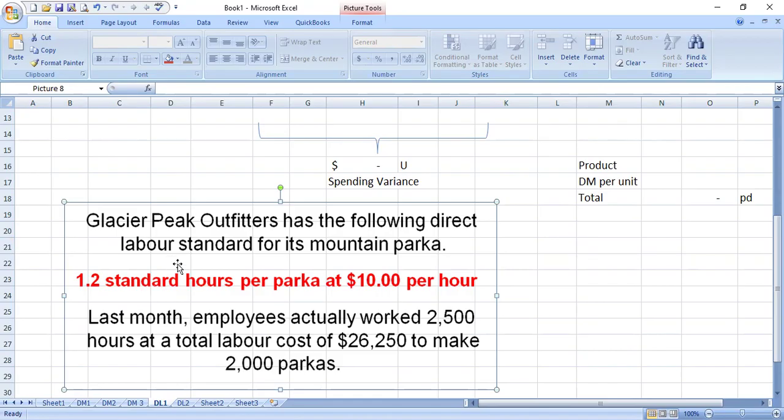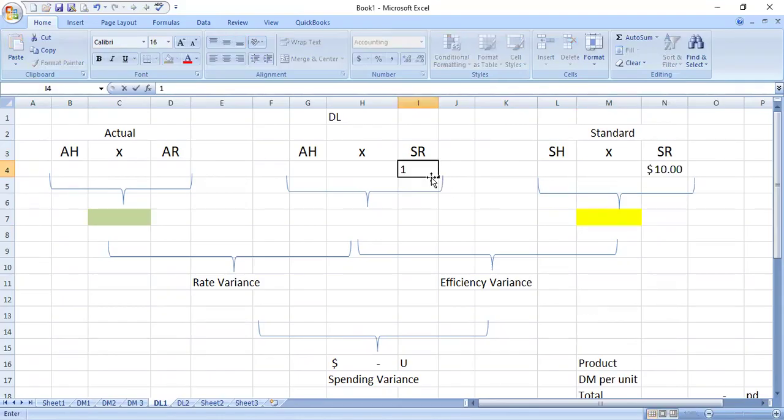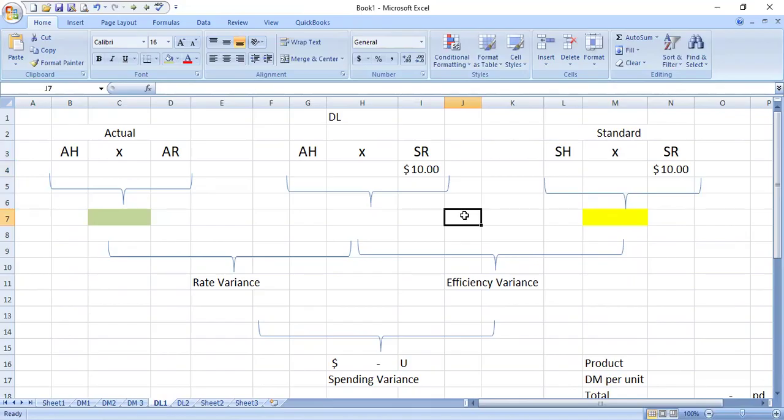So what can we get from here? We can get our standard hours and standard price per hour, correct? Can you see it? Am I sharing my screen? Okay, so my standard rate will be $10. And that $10 is going to reflect on the middle calculation as well.